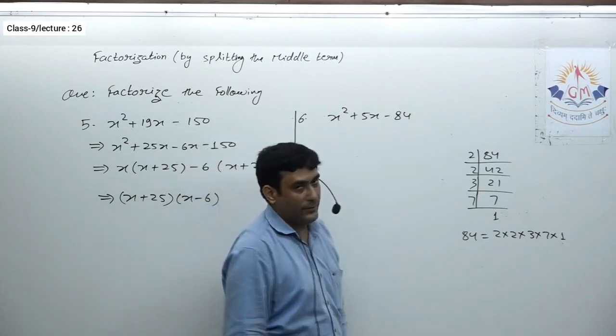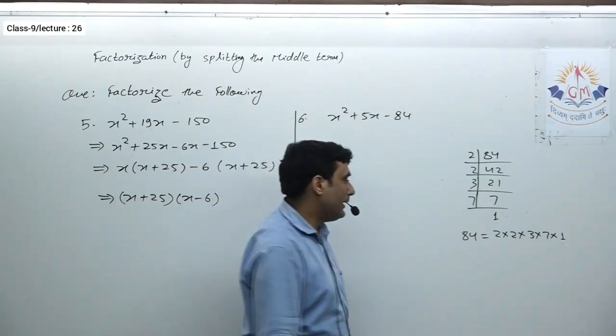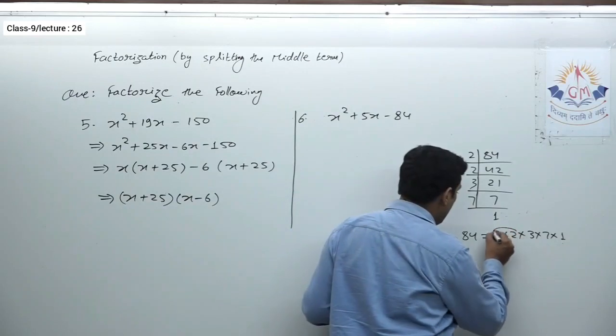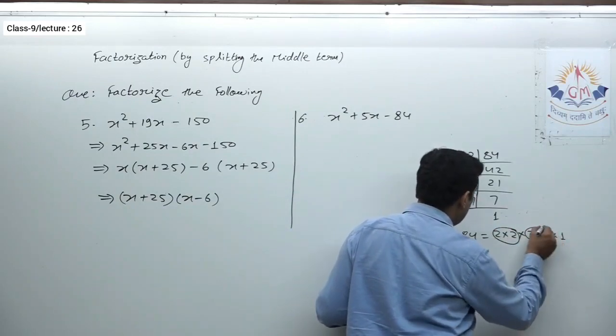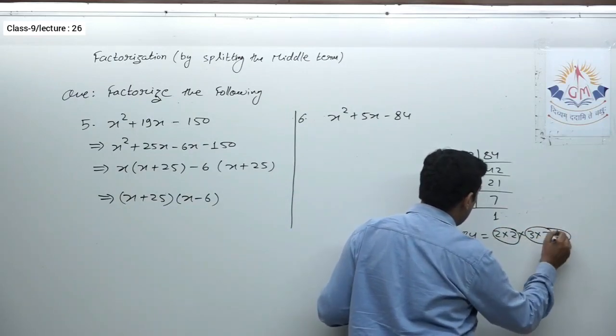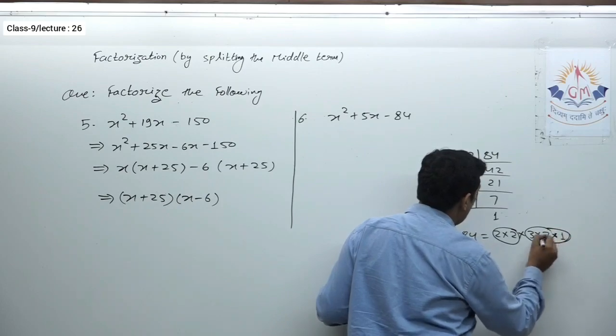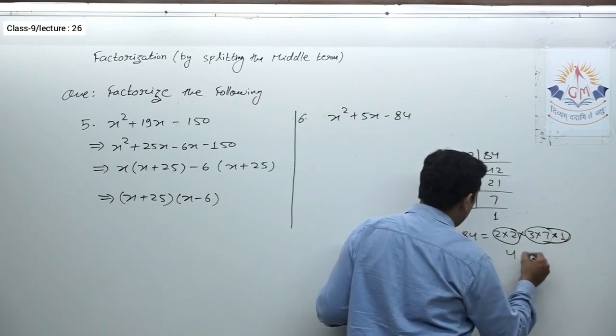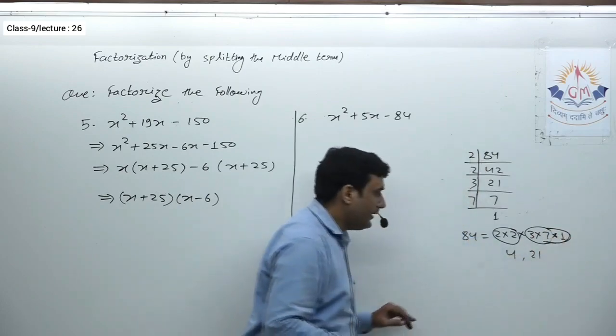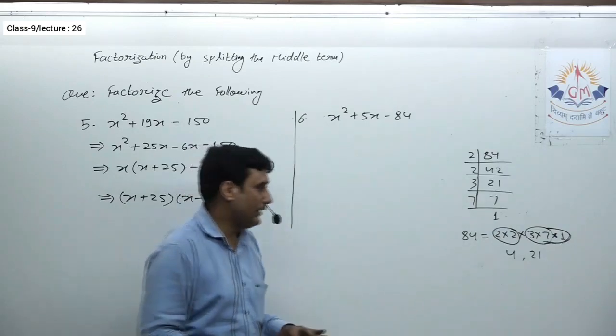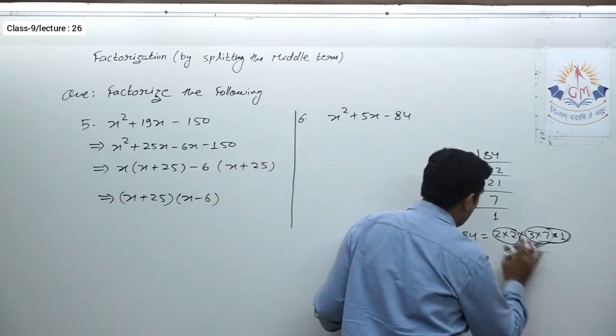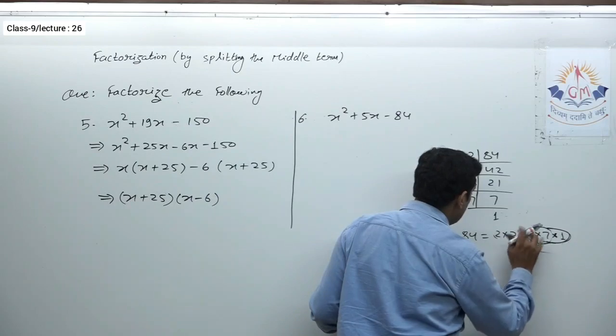I need 5, so I have to make groups so that I'll get 5. If I take these two together, and the remaining three together, here it is 4 and here I get 21. Definitely their difference is not 5. So let us think about another combination.